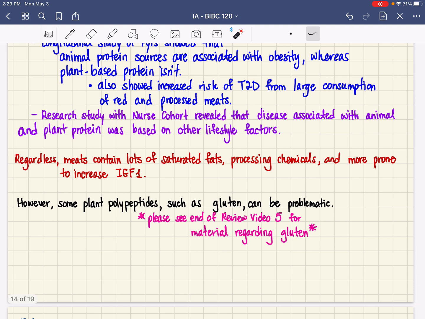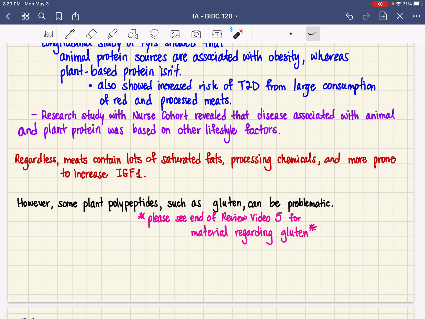But even though this research wasn't very conclusive, regardless, meats do contain a lot of saturated fats. And as we will talk about in lecture 7, saturated fats aren't the best type of fats that you would want to have in your diet.